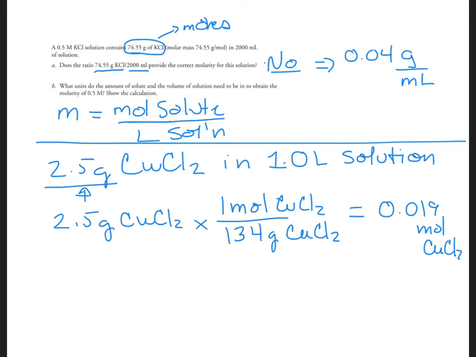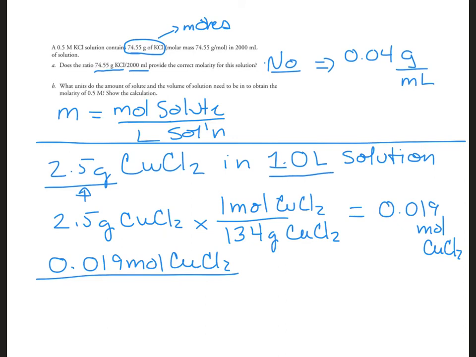And so to find the molarity, we don't use 2.5 grams, we use 0.019 moles of our copper 2 chloride, and we need to divide that by the liters of solution. And in this problem, the solution was already given in liters, so we didn't need to change the units.